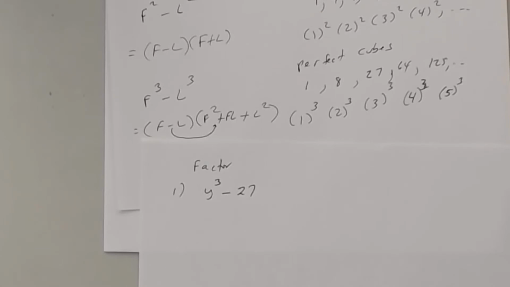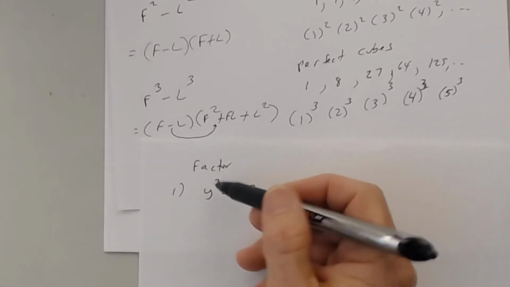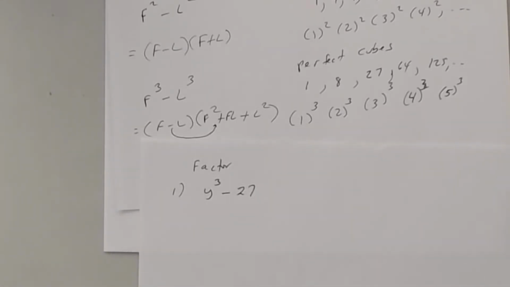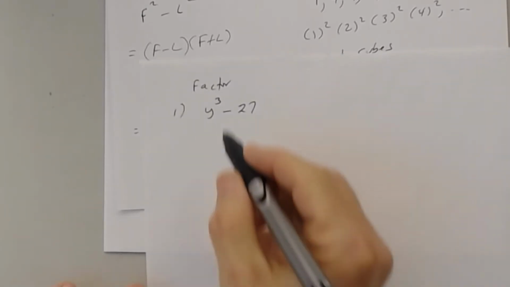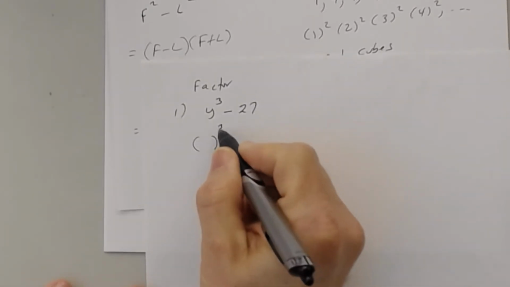Okay, now, next thing you need to ask yourself, how many terms do you see? 2. What's the sign in the middle? Subtraction. Okay. Is this the difference of 2 squares? No, because 27 is not a perfect square. And then, secondly, my exponent is 3. So then you want to ask yourself, well, is this the difference of 2 cubes? Okay, and it is.